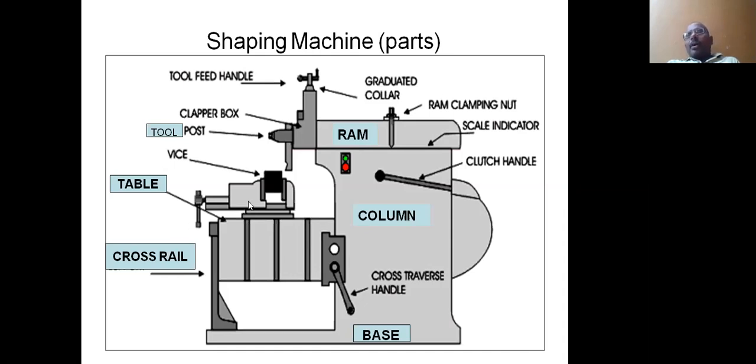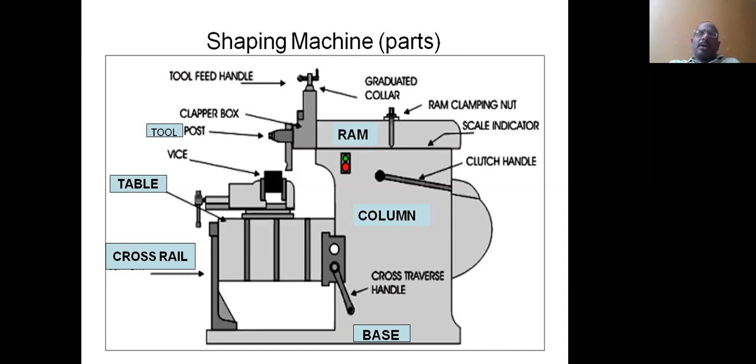If the job is a large and irregular one, then by using special tool holding devices, the job is directly clamped to the working table. And this is the cross rail. This cross rail is used to travel or to adjust the position of the working table. So this is the simple construction of this shaper or shaping machine.